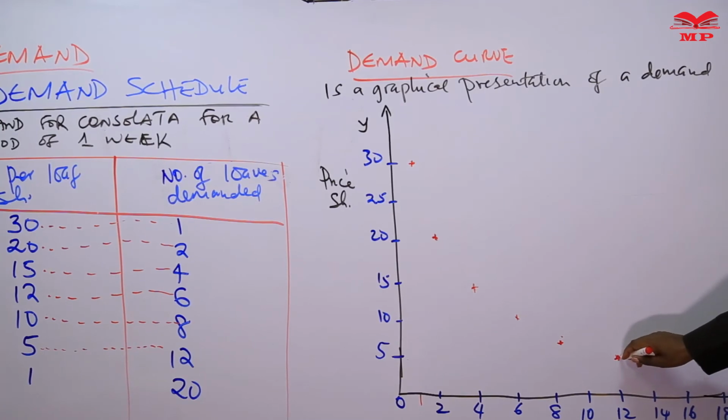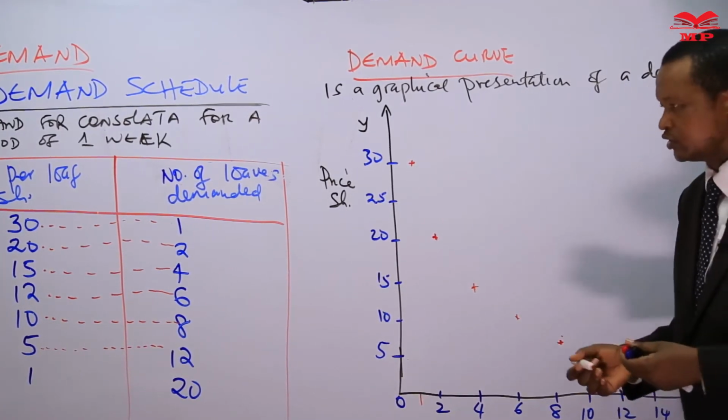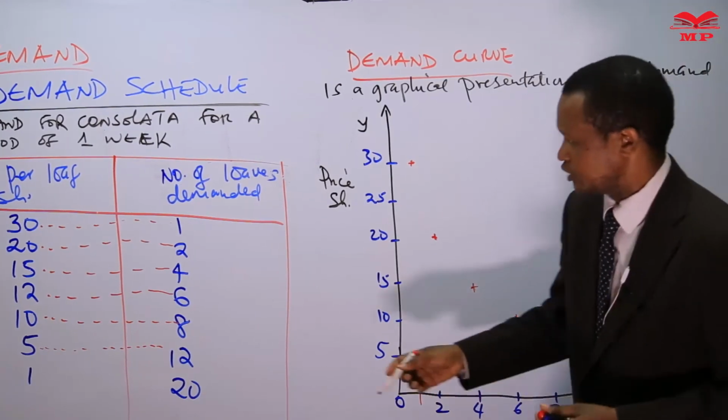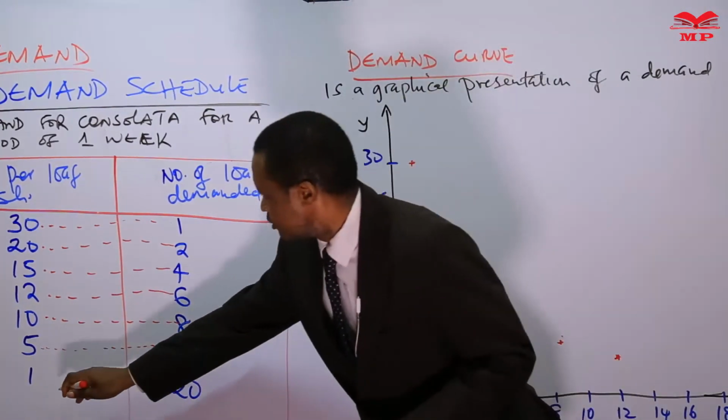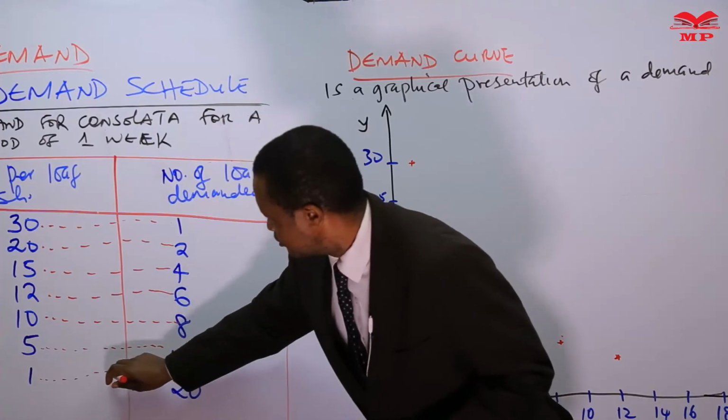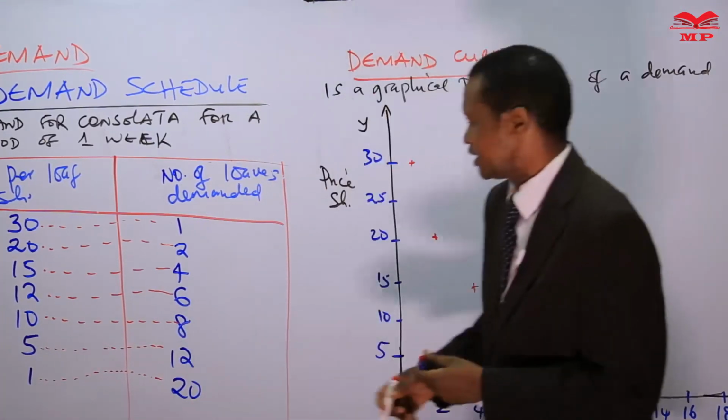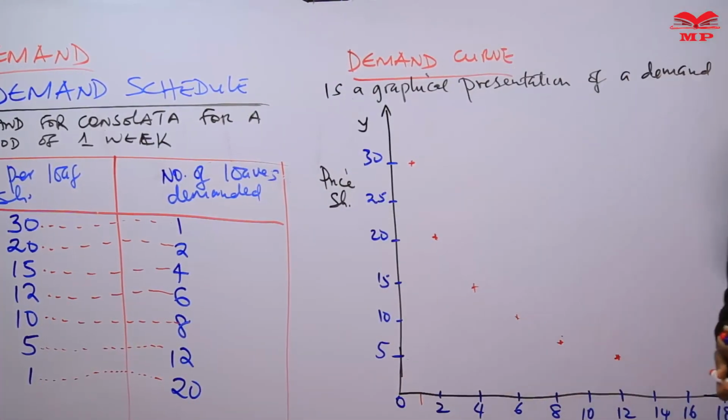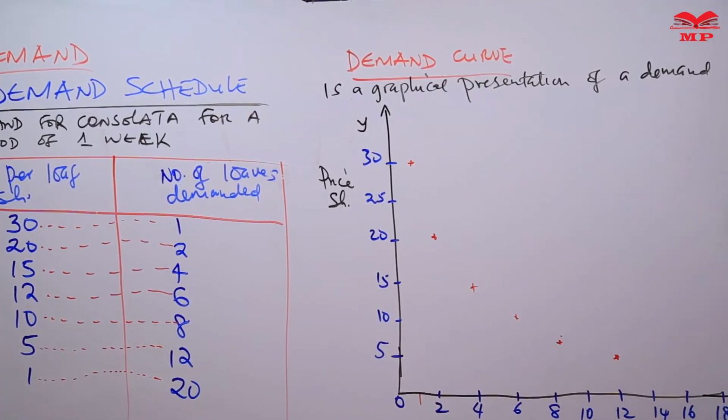It's quite on the high side for one person, an individual, unless you have a children's home somewhere you are supplying to. So when it is one bob, she buys 20 loaves. That is on Sunday, the last day.